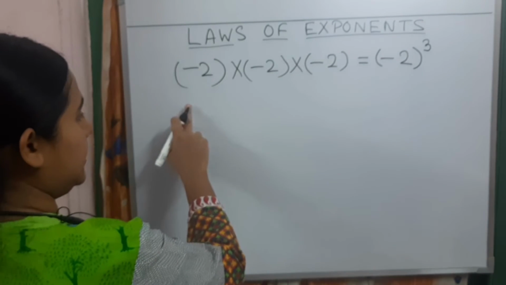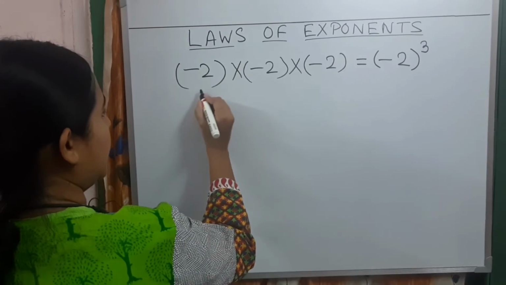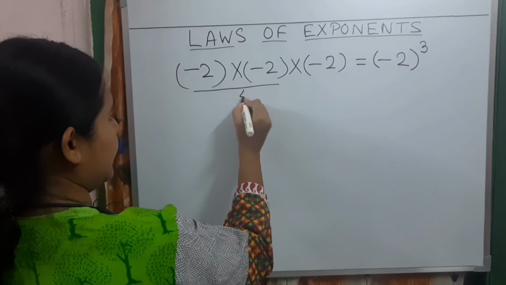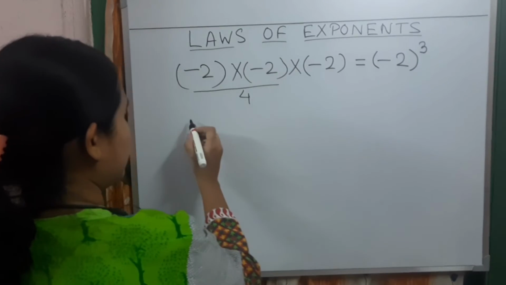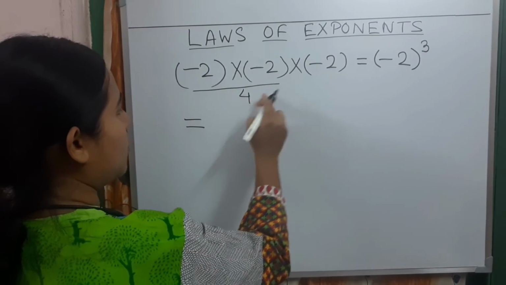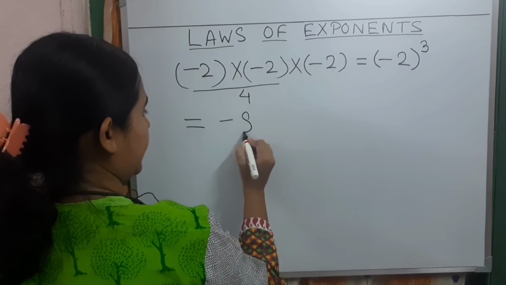Okay, and if I tell you to solve it, then minus 2 into minus 2 will become 4, and multiplied by minus 2, this will become 4 twos are 8 and minus. So it will become negative 8.